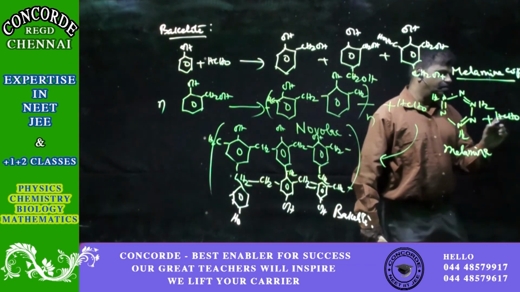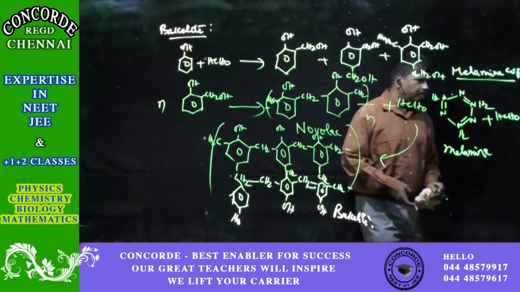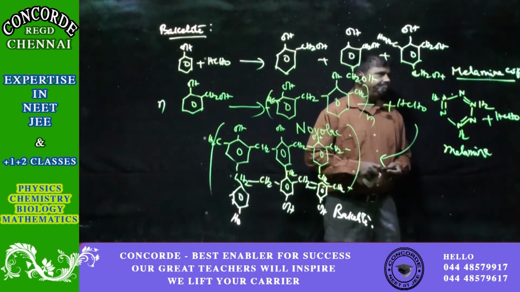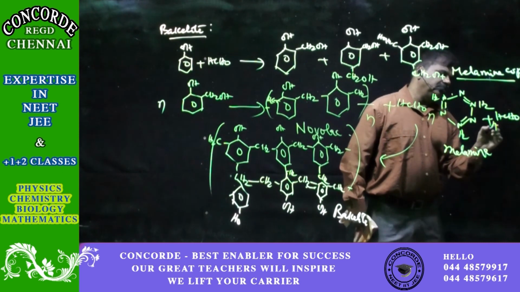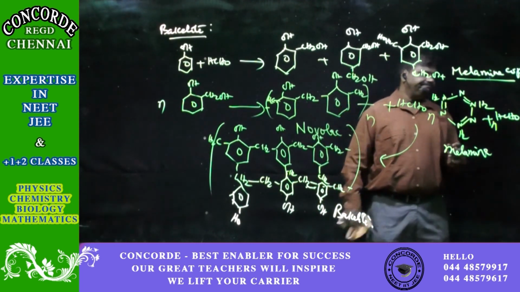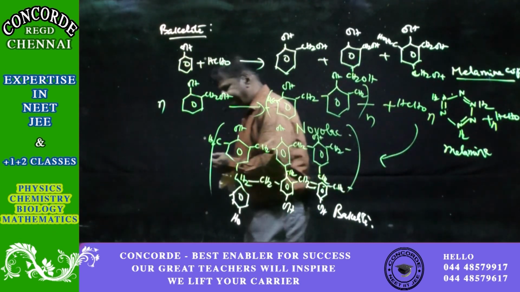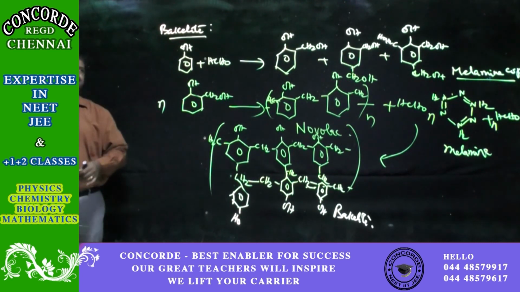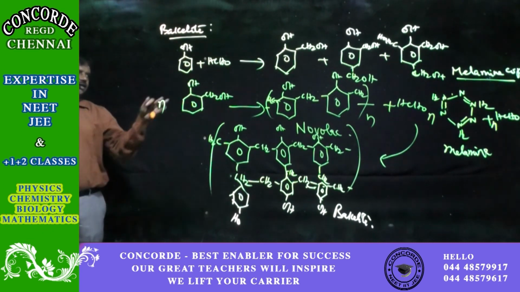Melamine with formaldehyde gives the melamine copolymer. This is n times, and this is also n times. These are some of the important condensation polymers. We have first seen Dacron or terylene and nylon 6,6, then bakelite plus melamine copolymer.